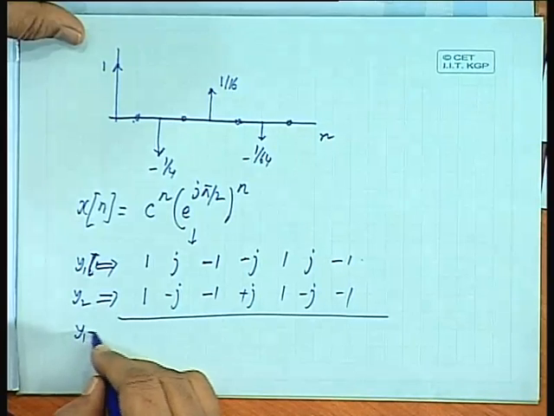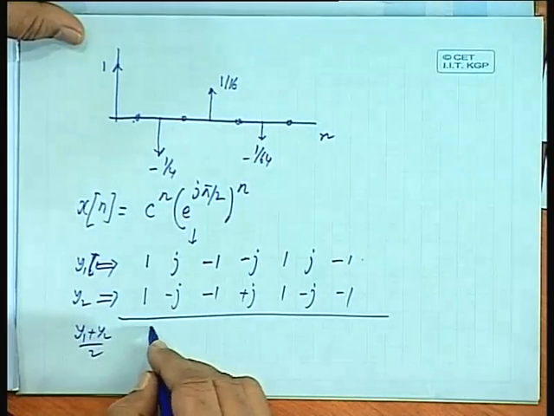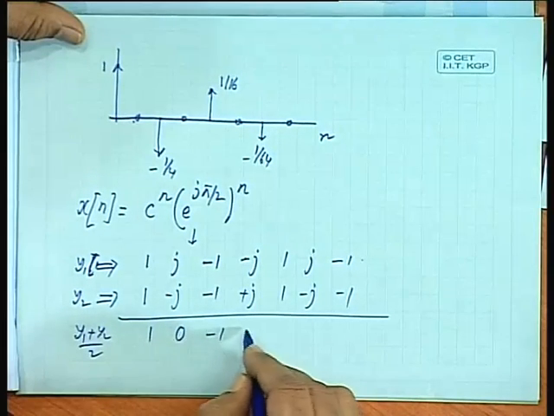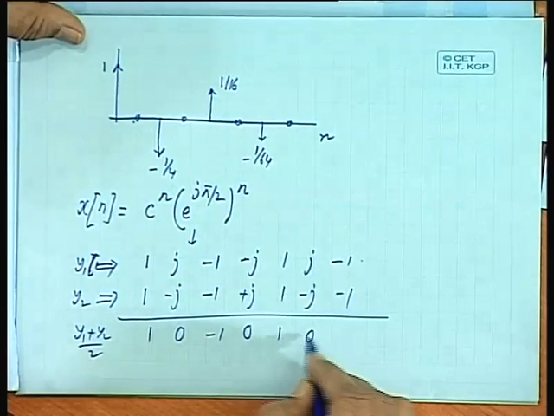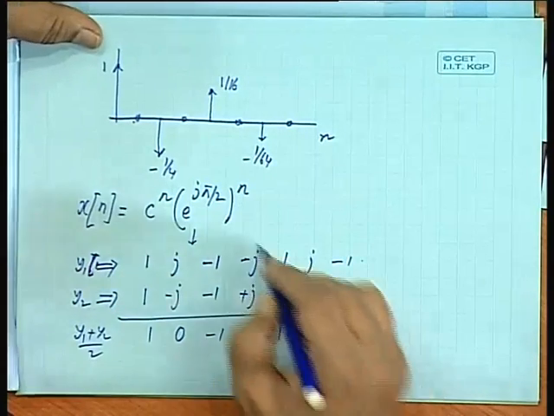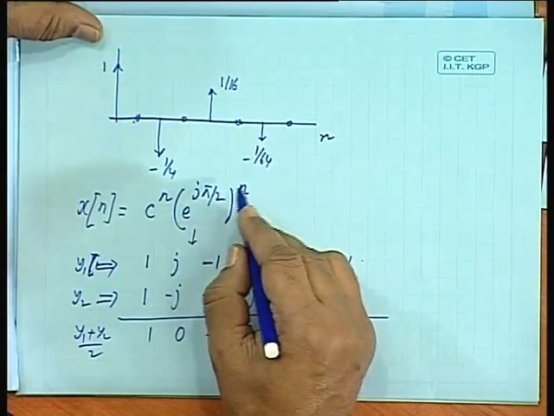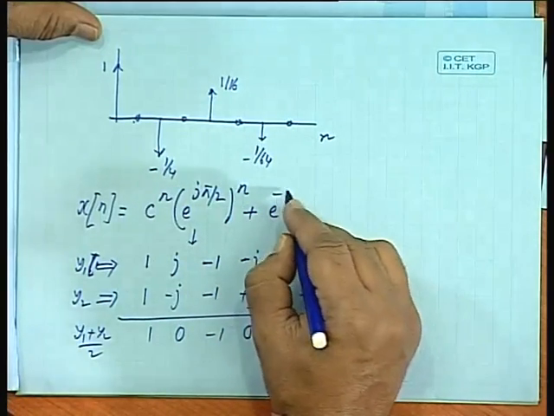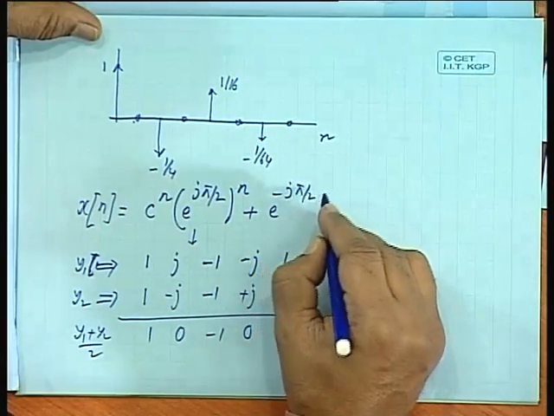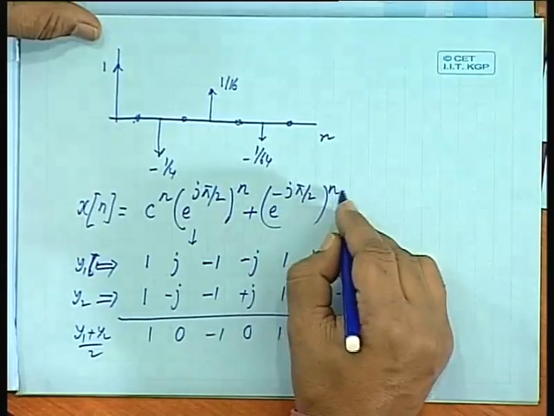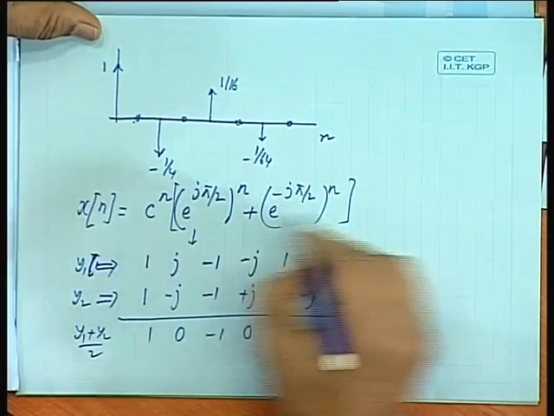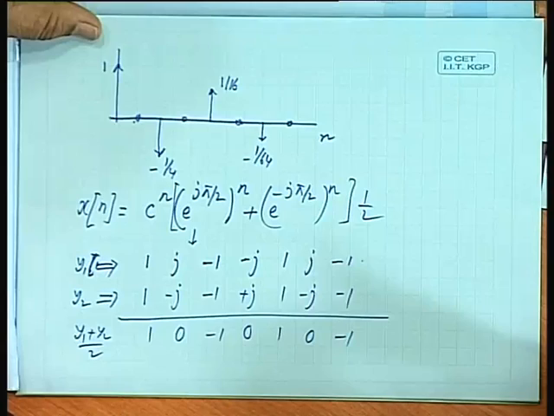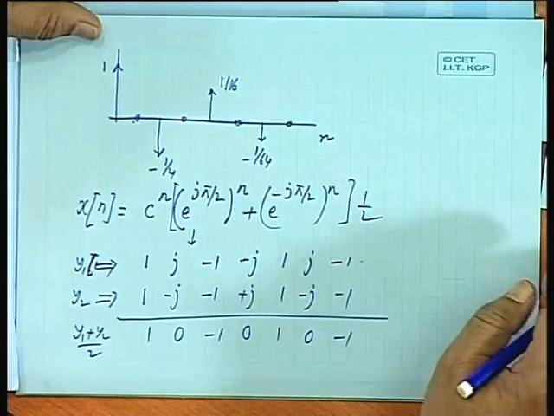So, (y1 plus y2) by 2 will give me the desired series. Okay. So, it will not be e to the power j pi by 2 n alone, it will be an average of this. Is that all right?